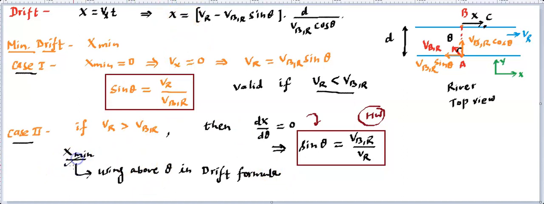This x minimum will not be 0, whereas in the earlier case x minimum is 0. So x minimum of 0 will be achieved if the river is flowing slower than the boat, and if the boat is moving slower than the river, then the drift will be non-zero and can be calculated by putting this theta back in the formula. I hope you got to know the methodology and how this comes.